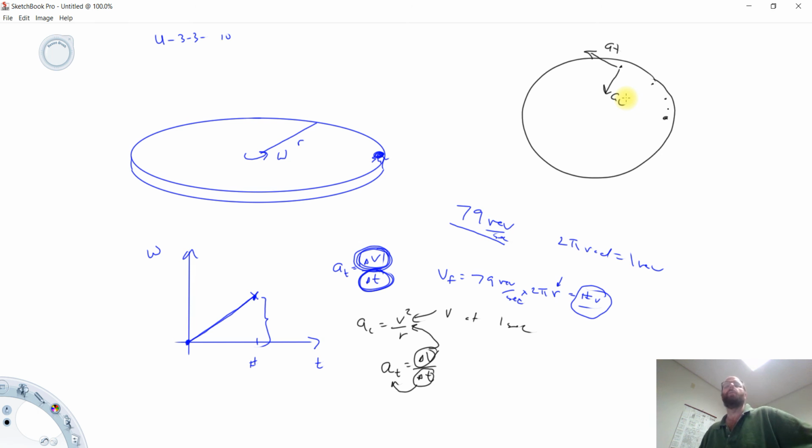You calculated those earlier in the problem. And then the net acceleration is the sum of the two, the vector sum. Remember, when you add vectors, they have to be tip to tail. So you might do something like take the tangential and draw it here, draw your net, use the Pythagorean theorem. So hopefully that'll get that problem done.